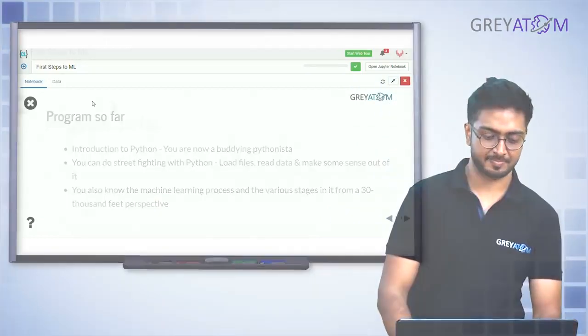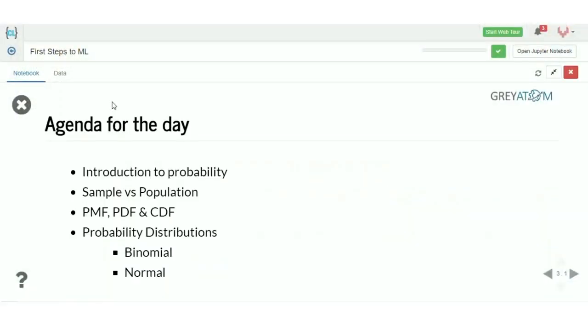So now the agenda for the day: first we get introduced to the concept of probability, then we understand the concept of sample and population, then some random variable terms, PMF, PDF and CDF, and then we talk about two probability distributions, binomial and normal.